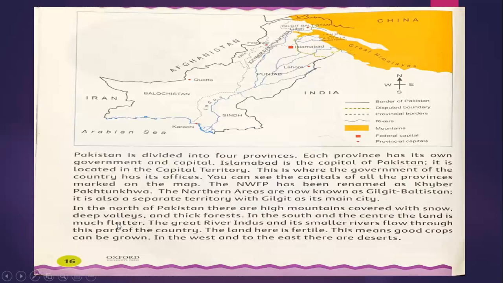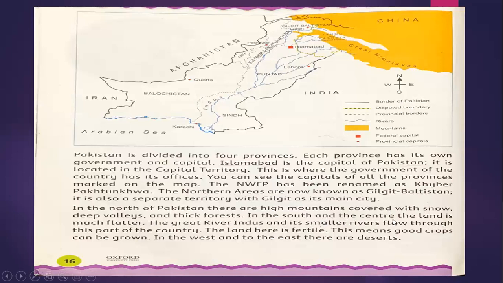Remember what is a valley? Yes, try to think. Land between two hills or mountains. Okay, and thick forest. In the south, where is south? Here, down. It means coming down from the north. This area started from the south of Pakistan.